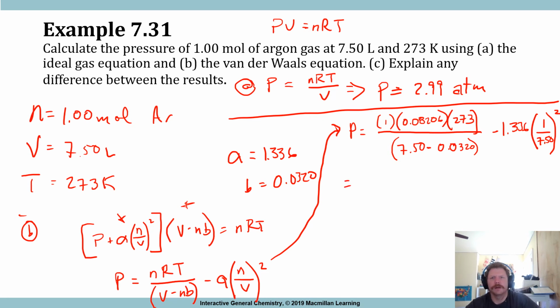So I'll say 1 times 0.08206 times 273 divided by the volume term gives 2.9998 minus, and then we've got 1.336 times 1 divided by 7.5, and then I'm going to square that, which I've got to find the square function on my calculator.